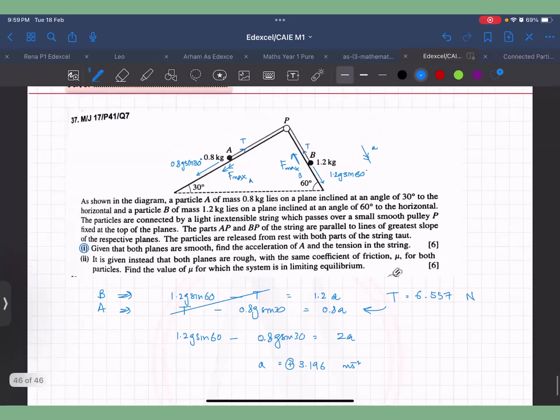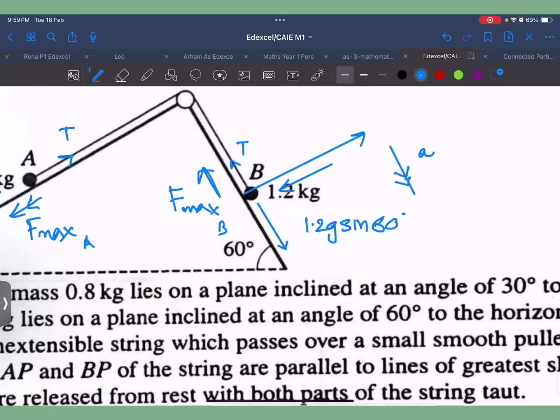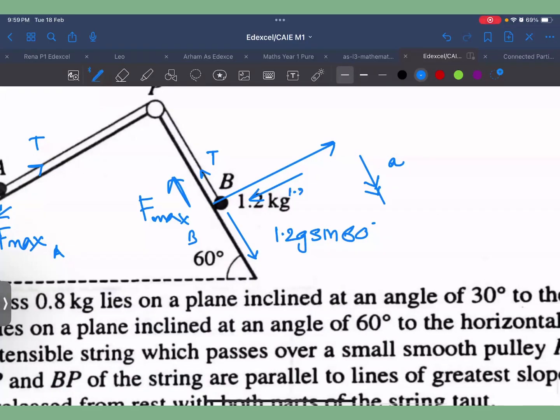So now you would have to find the normal component as well. That would be the normal force. This would be the same as the weight component perpendicular to the plane, which would be 1.2 g cos 60.